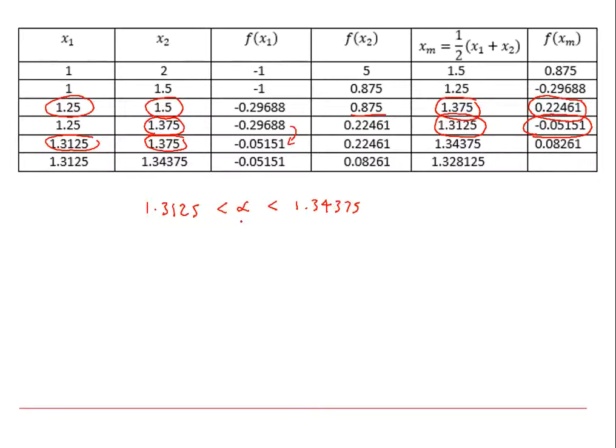So therefore the alpha itself must round to 1.3 to 1 decimal place.